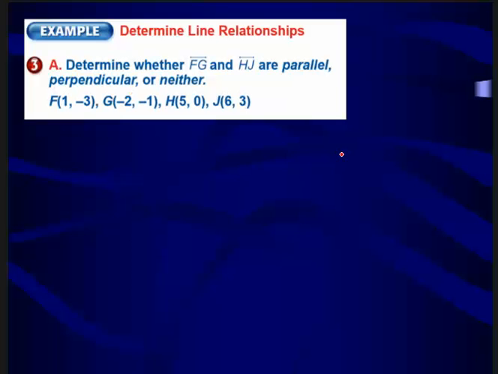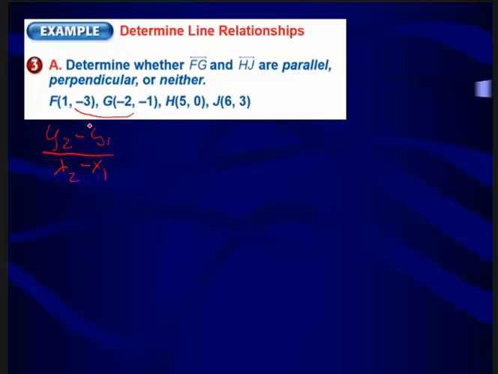So if we're doing line FG, then I need to use endpoints F and G. So I'm going to use y2 minus y1 over x2 minus x1. And I'm going to plug it in.